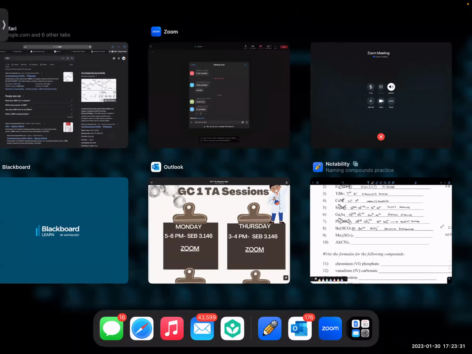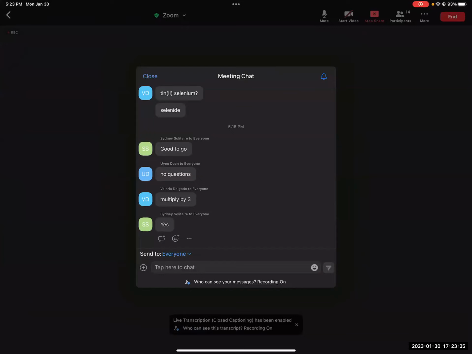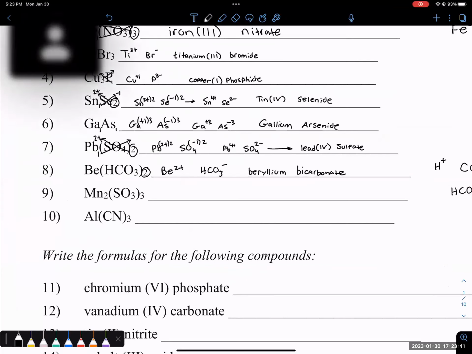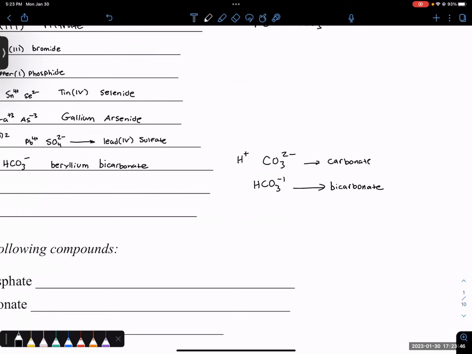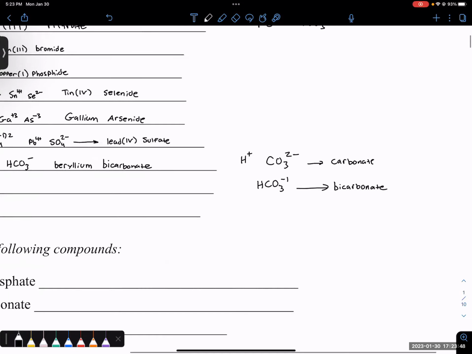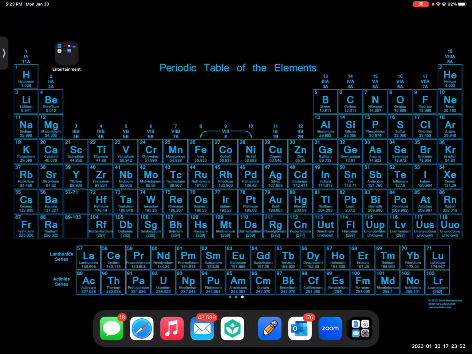Let me go ahead and see what I've been missing in the chat. Yeah, so someone in the classroom said, why did I not put Roman numerals for beryllium? Let me stop screen sharing so I can get a periodic table that I can hover over so you can see what I'm talking about.